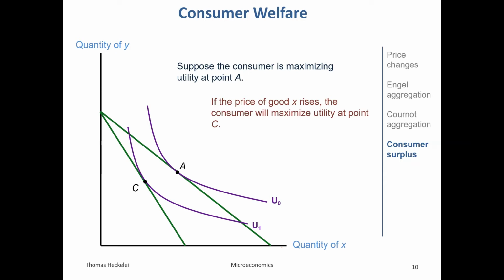Because now the budget line moves back to the left, right? And the slope changes, so that it has to be tangent to another, new indifference curve. In this case, it's also to the left of the original indifference curve. That's what we know so far.